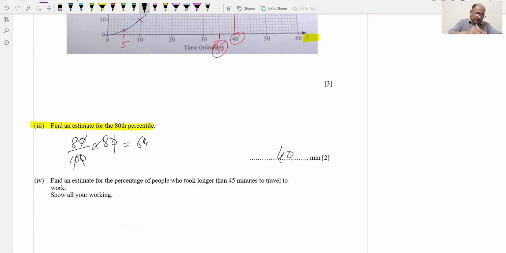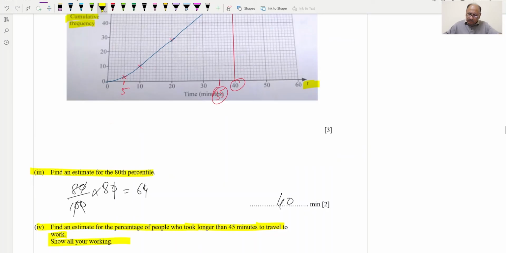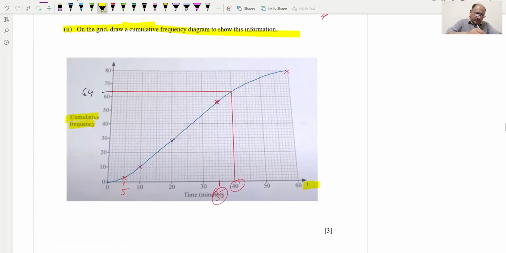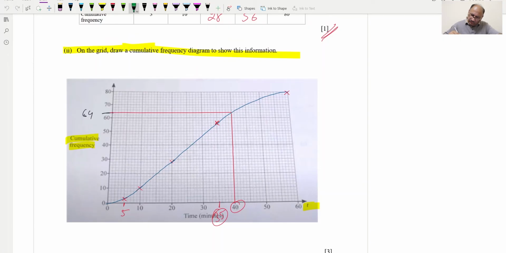And then for the next part, they are saying find an estimate for the percentage of people who took longer than 45 minutes to travel to work. And 45 minutes, we'll check where 45 minutes is. So 45 is this reference, and we will check this reference.